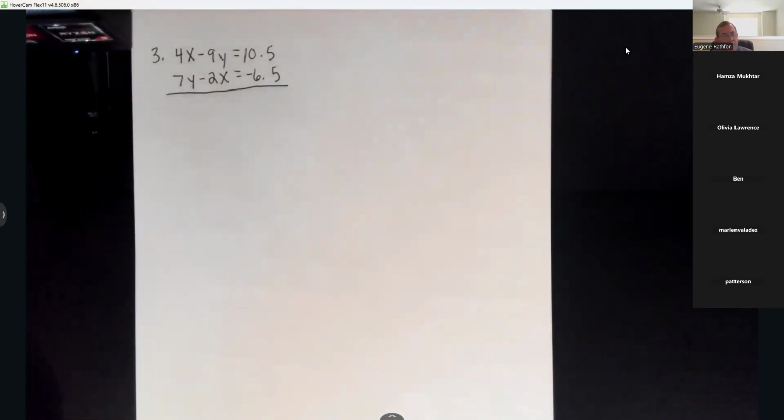But y'all, there's one thing I got to do before I even start this problem. Look at these equations and tell me what I got to do.